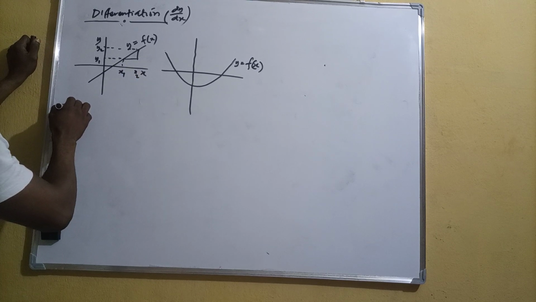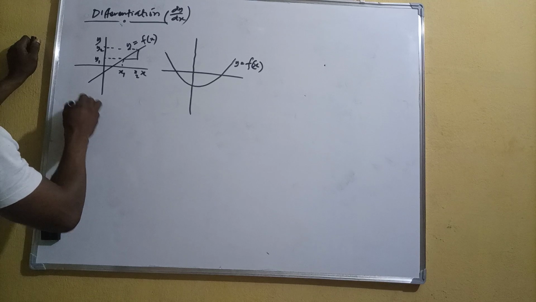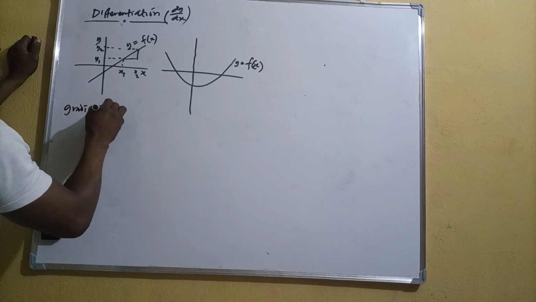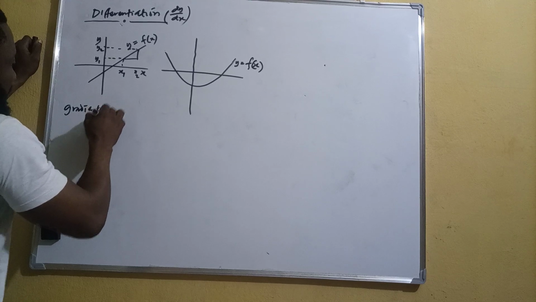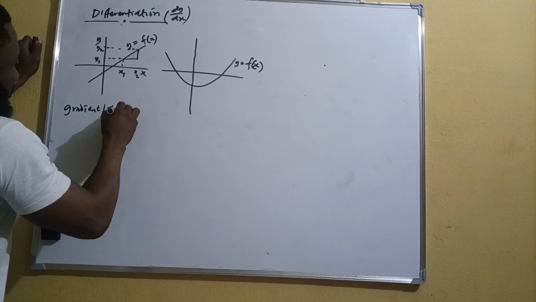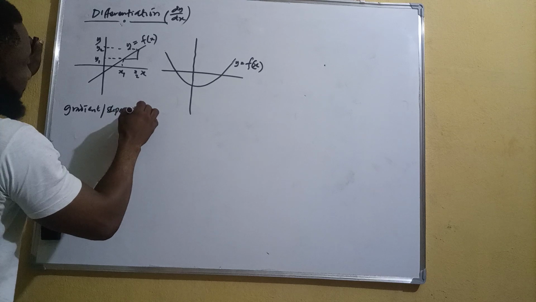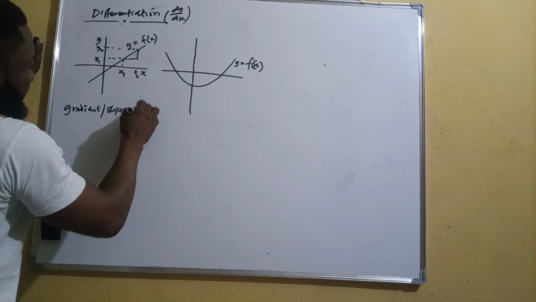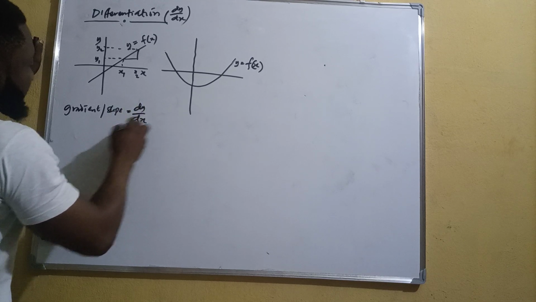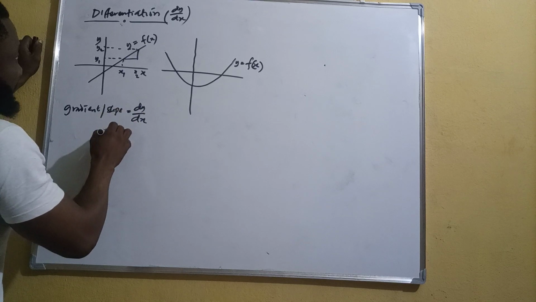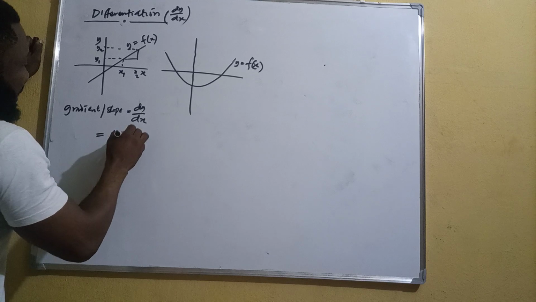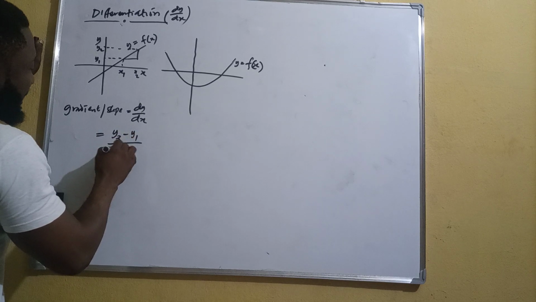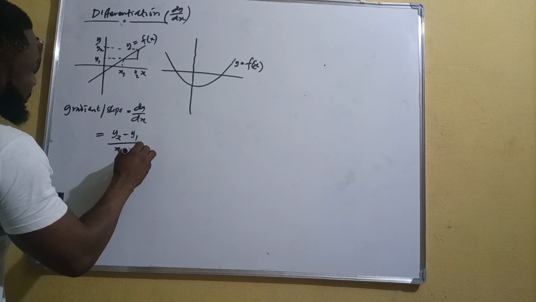So we call it the gradient. Another name for the gradient is slope. The gradient or the slope is the same thing as dy/dx, and that is going to give us y2 minus y1 all over x2 minus x1.